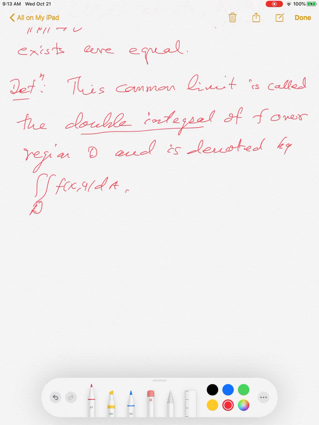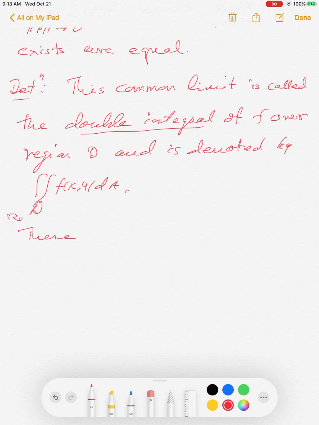Now the question is, this definition, even in the case of one variable, the way we defined the integral from a to b, doesn't actually give you a way of computing.